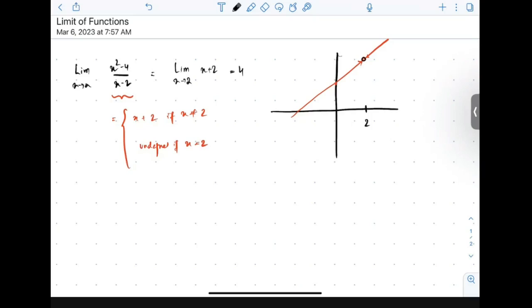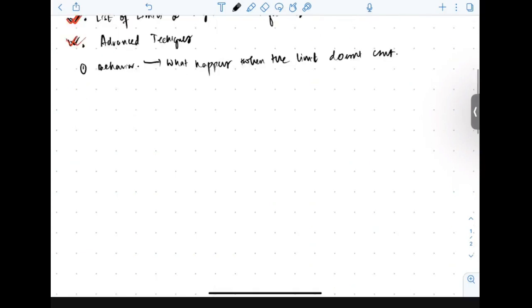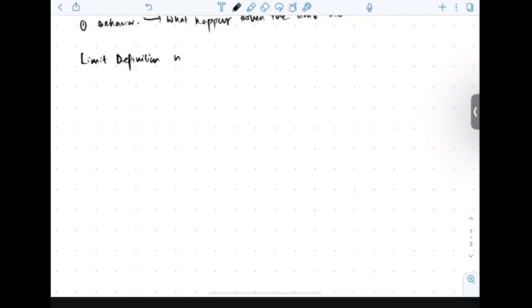In high school we learned a lot of techniques, but we didn't understand what's exactly going on, like how to define it mathematically. So in this class today we will learn about the limit definition, and we'll see epsilon delta and similar approaches, and apply them in a few examples.